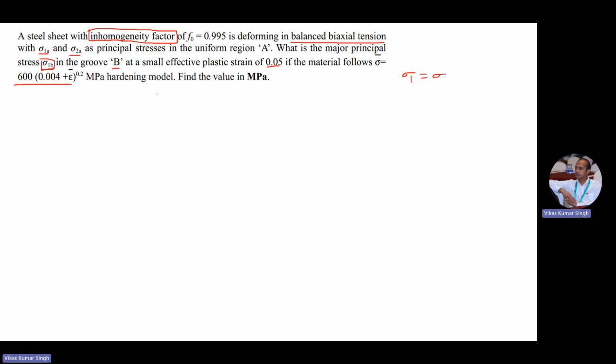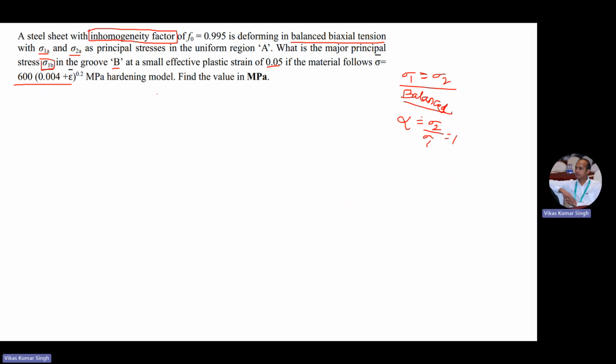Both the stresses will be equal, and alpha, which is sigma 2 by sigma 1, will be 1.